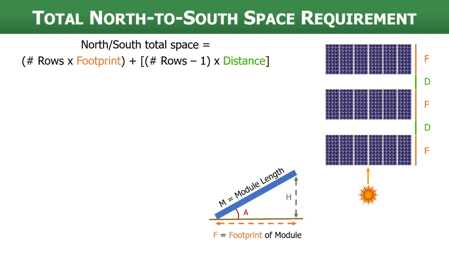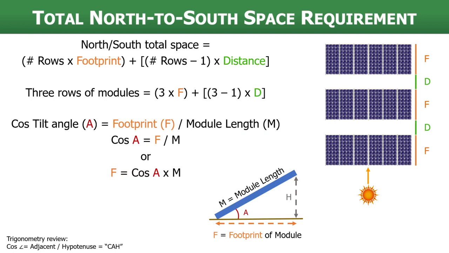So that's why we have rows minus 1. So here for 3 rows of modules, first we need to do the calculations within the parentheses first. In this case, it becomes 3 times the footprint plus 2 times the distance between rows.